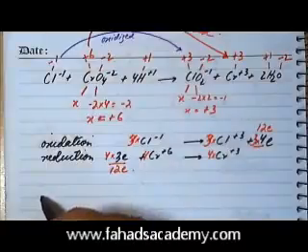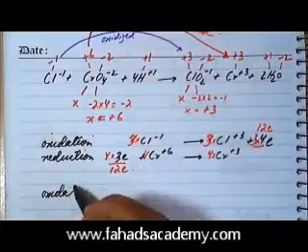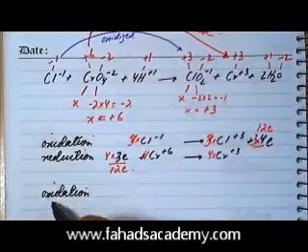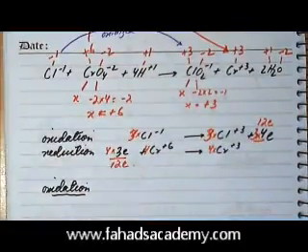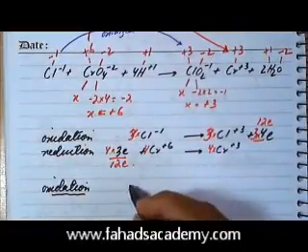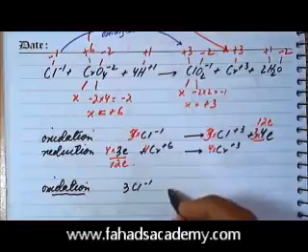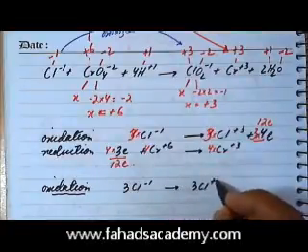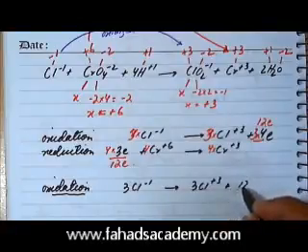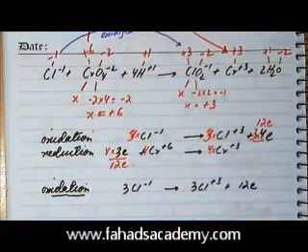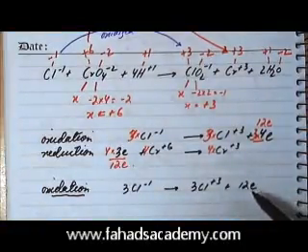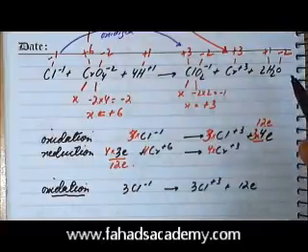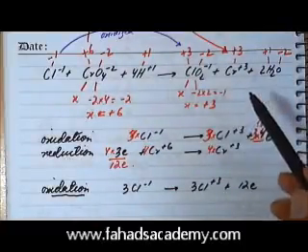I can rewrite my oxidation equation, which should be 3Cl -1 resulting in 3Cl +3 plus 12 electrons. That's my oxidation equation. Once I have the electrons balanced, I need to start bringing in the atoms which are neither getting oxidized nor reduced.